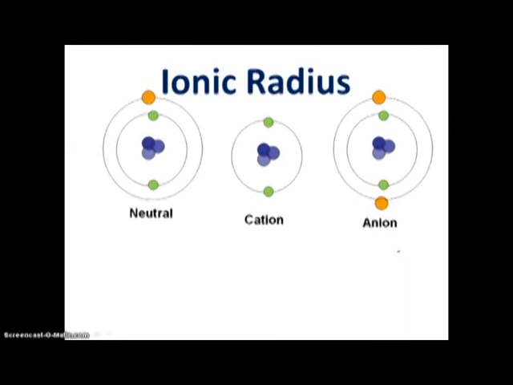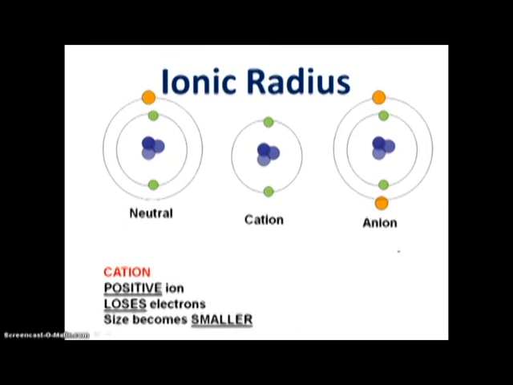So to sum it up, what we're going to see is a neutral atom kind of falls in the middle. The cation, which is the positive ion, will lose an electron and become smaller as it loses matter or mass, loses the number of rings that are occupied.